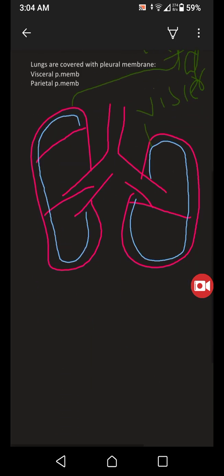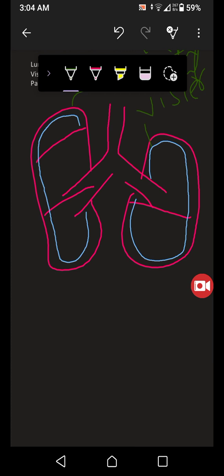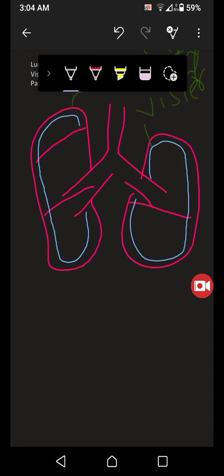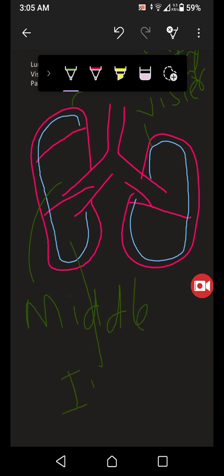Okay, then this one is the middle lobe of the right lung. This one is the inferior or the lower lobe, and this one is the superior lobe. Okay ji.